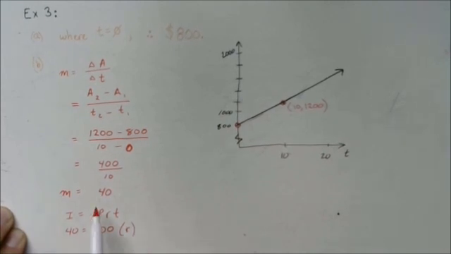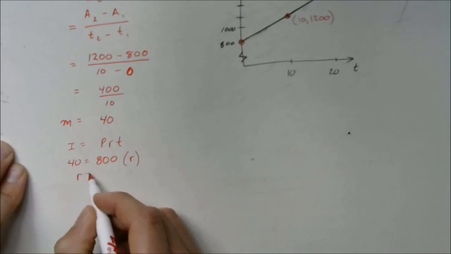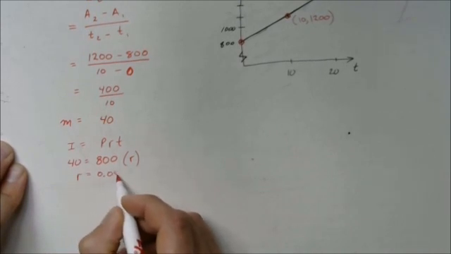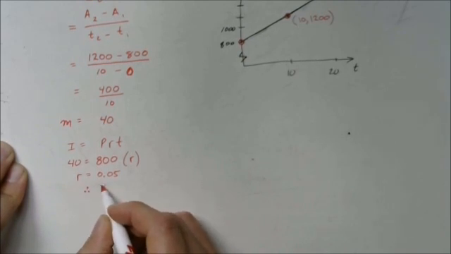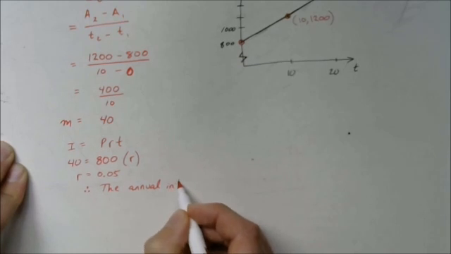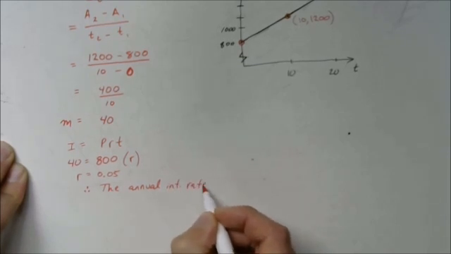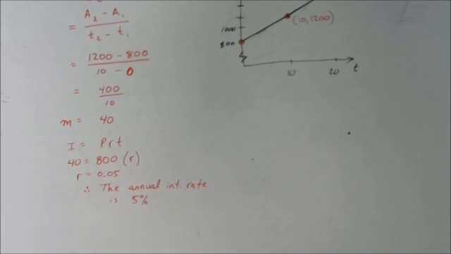Okay, so if we're going up $40 per year, this is how you find out the rate that you needed to earn per year. Divide both sides by 800, you get R equals 0.05. Therefore, the annual interest rate is 5%.